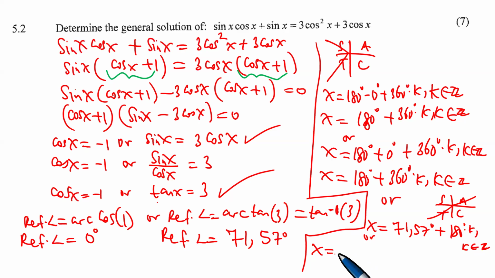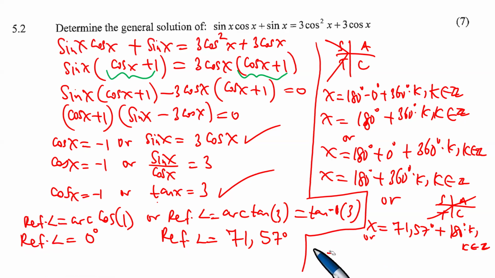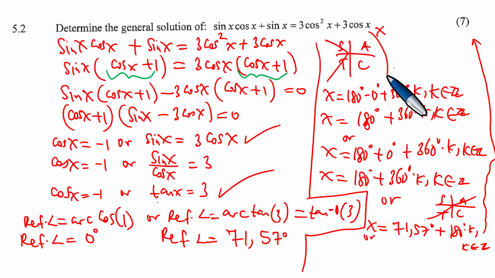So you can also say that you have 71.57, it's 180 plus, but it's already taken care of. Let me just write that one up here. We take this one up to the top and say that x equals 180 degrees plus 71.57, but these are circular, periodic functions, so it's 180 degrees times k.